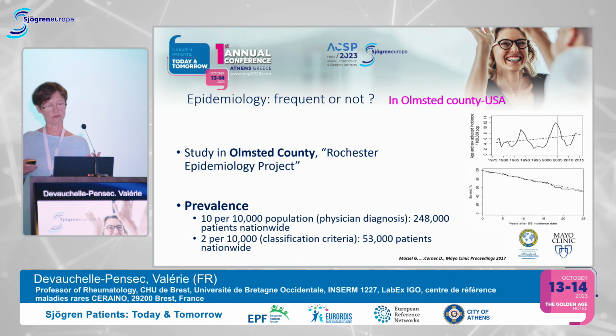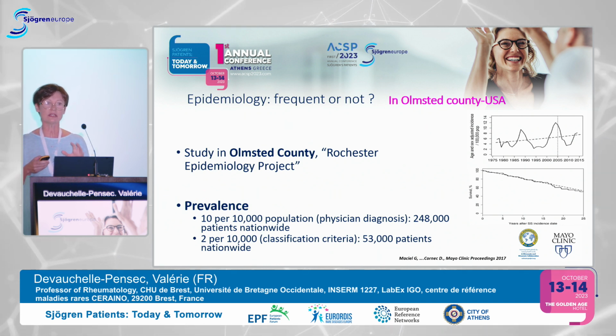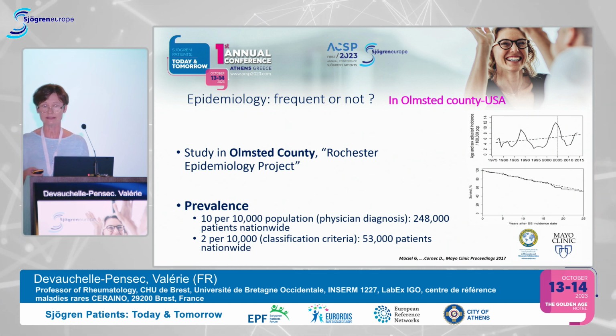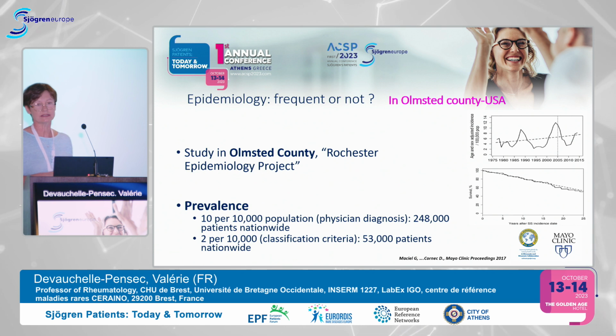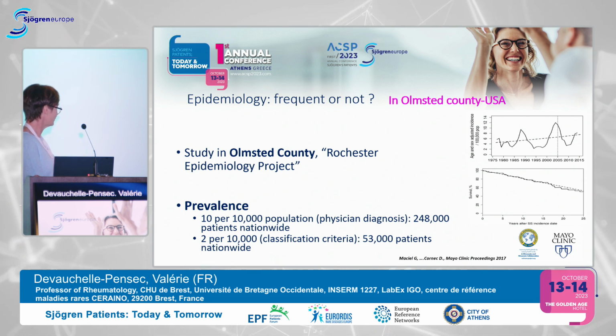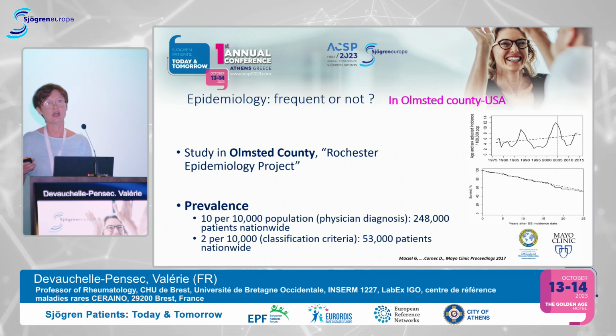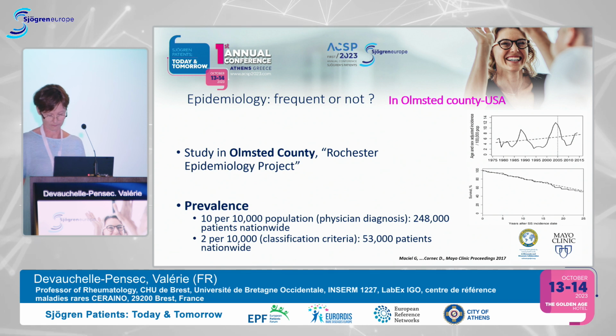After that, when the experts read the survey and really applied the classification criteria for Sjögren, the prevalence was 10 per 10,000. So now it's rare. So you can see that depending on the way you choose the patient, the number is different.